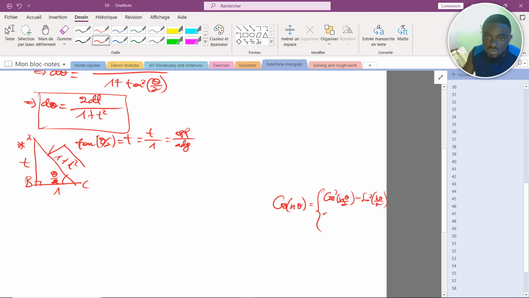It can still be equal to 2 cos square n theta on 2 minus 1, or it is still equal to 1 minus 2 sine square n theta on 2.